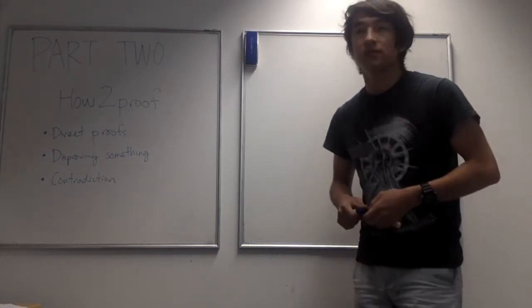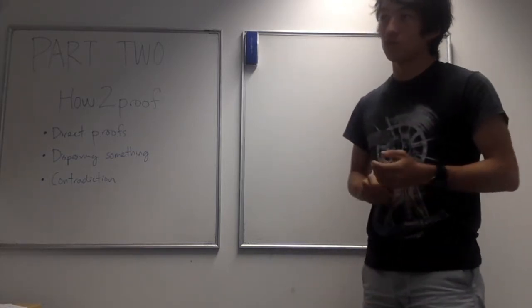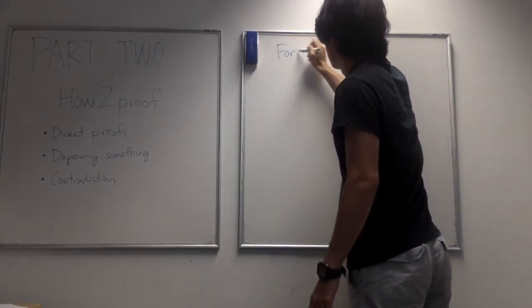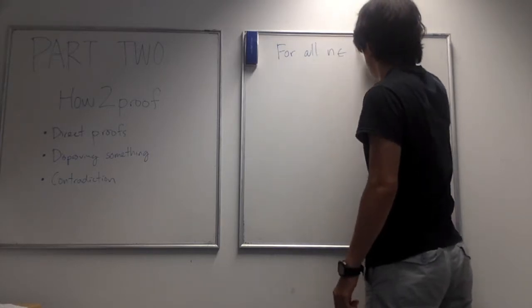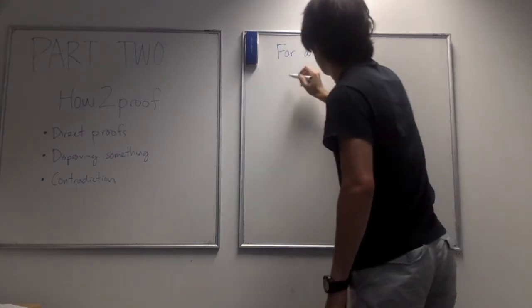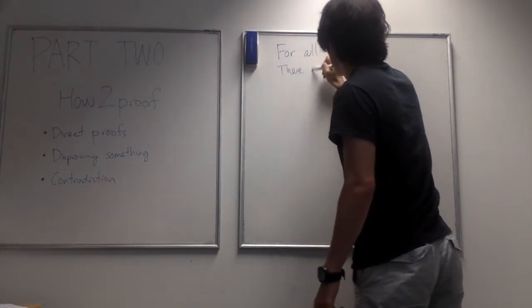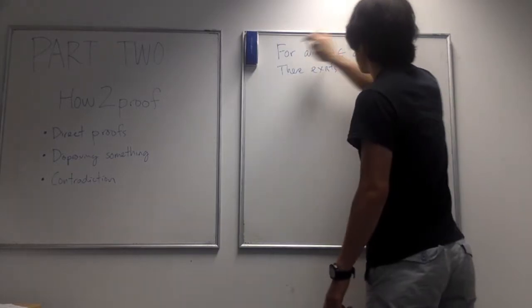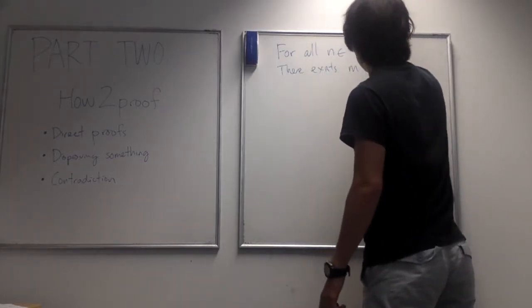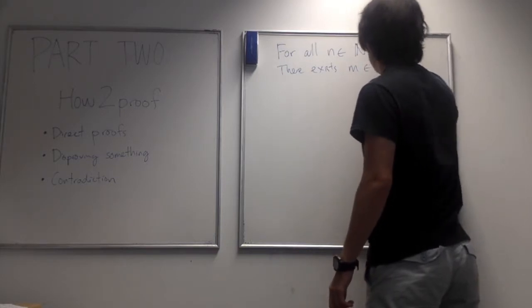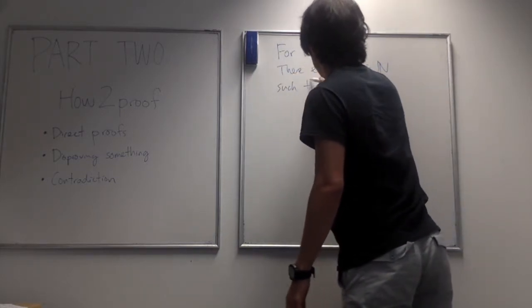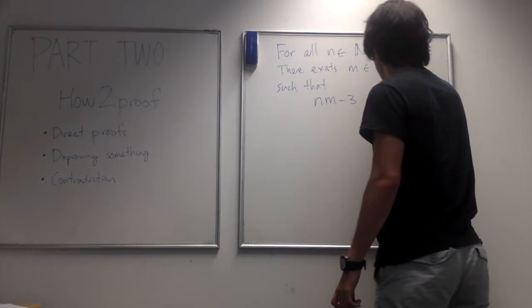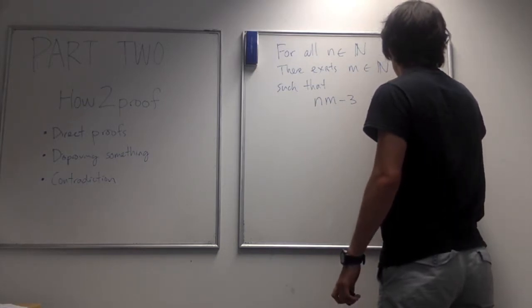So, let's say your statement is something like, for all n in N, there exists m in N such that nm minus 3 is prime.